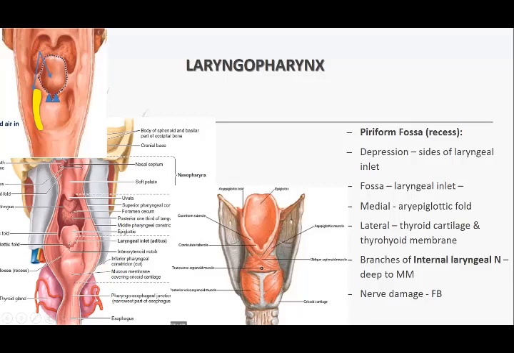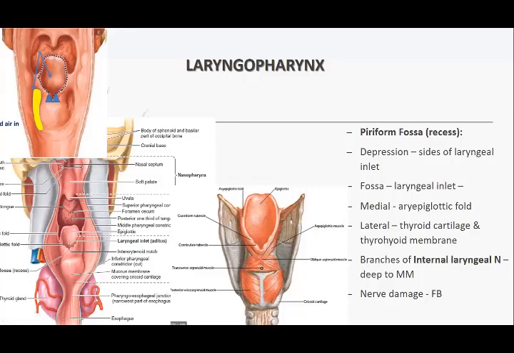Now look at this: this is the laryngeal inlet, which I told you about. This is the epiglottis, and this whole fold of mucous membrane is called the aryepiglottic fold. From the arytenoid cartilage and epiglottis to the lateral wall of the pharynx. This fold separates the inlet of the larynx from this lateral structure, which is the piriform fossa.